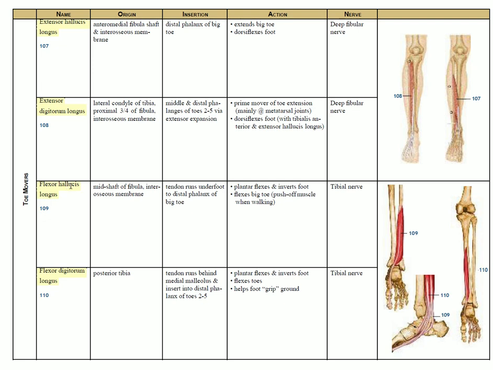The flexor hallucis longus flexes the big toe. And then the flexor digitorum longus flexes the rest of the toes. So 107, right there. 108, right there. 109, 110. And that's it for our muscle chart.